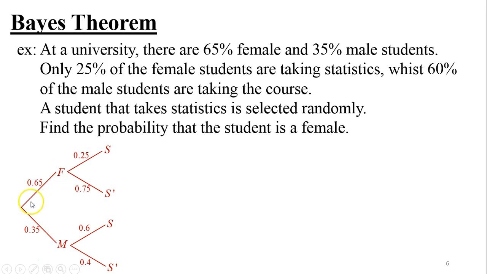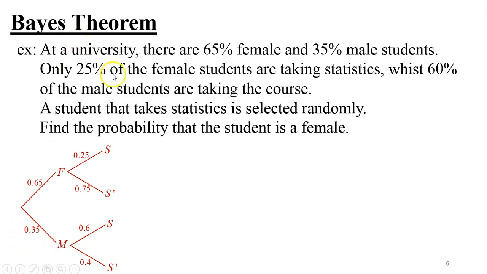So we first have the university that is split into female and male. So female and male form a partition of the universe, representing the university in this case. So we have 0.65, the probability of choosing a female, and we have 0.35, the probability of choosing a male.